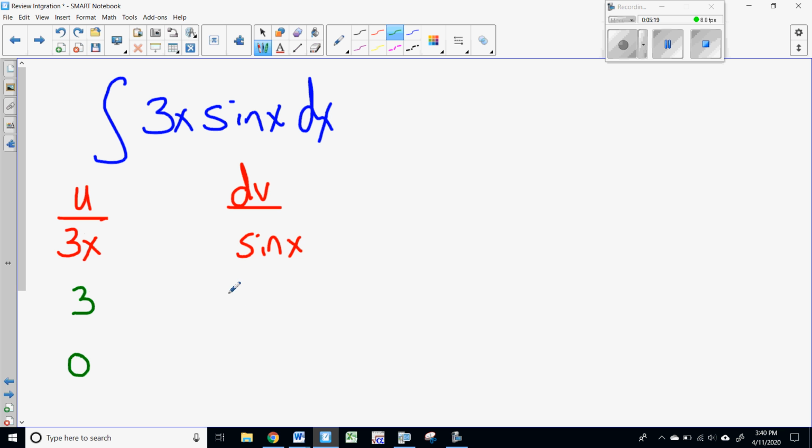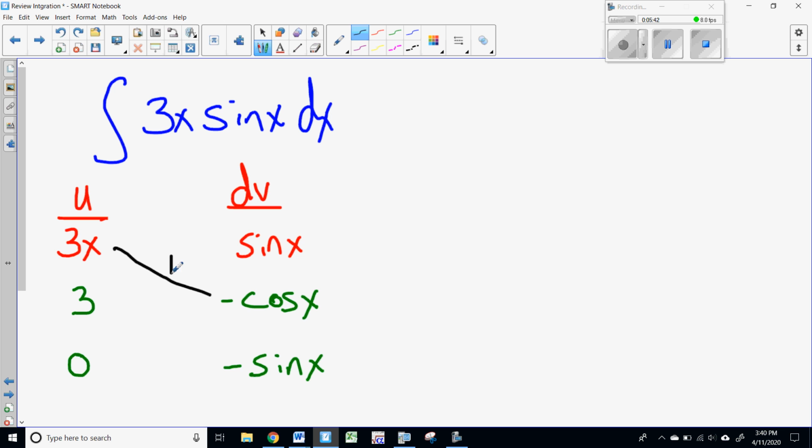For the dv, you continually take the antiderivative. So it's minus cosine of x, minus sine of x, and you keep going until you get the same number of rows, ending with the 0. Remember, your u has to basically be a polynomial because you have to take the derivative continually to a 0.